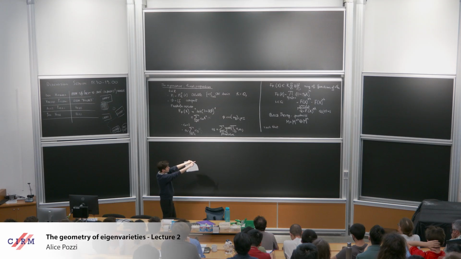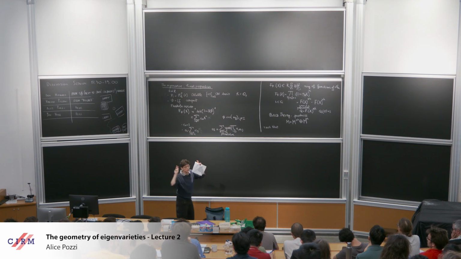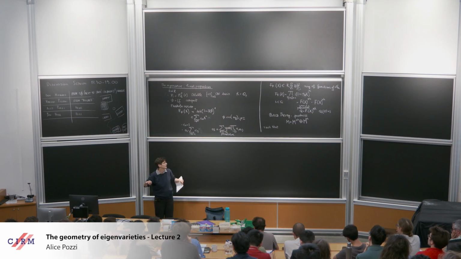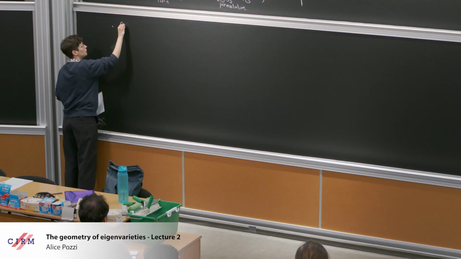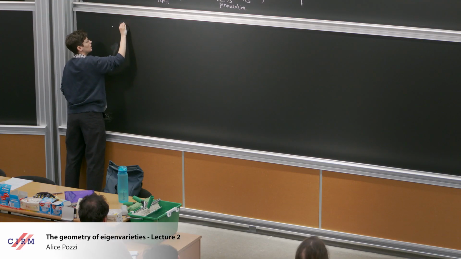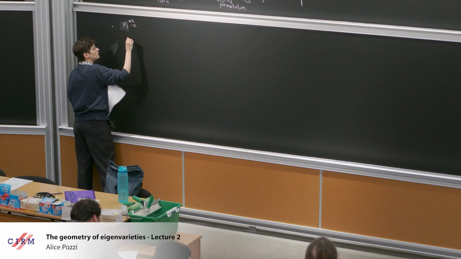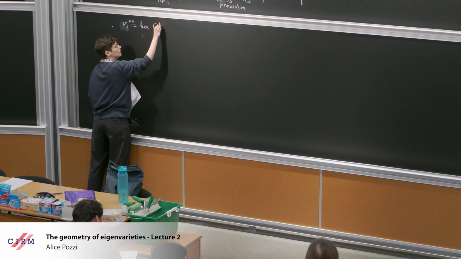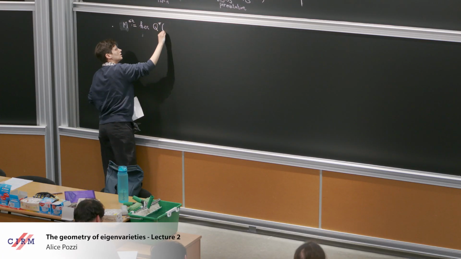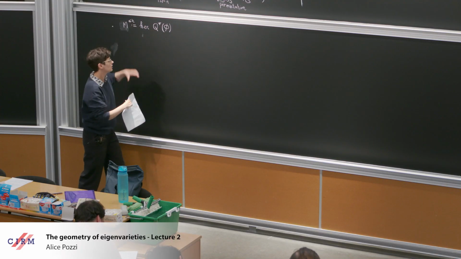I can define this piece, which we should think of as slope less than or equal to h, as follows. I'm going to denote this; it is going to be the kernel of Q star phi.